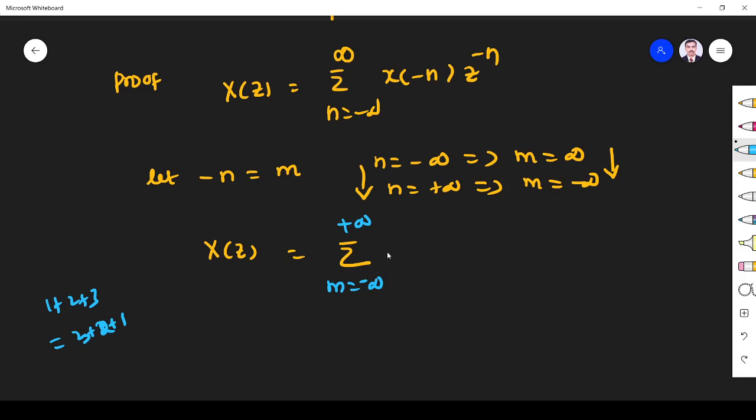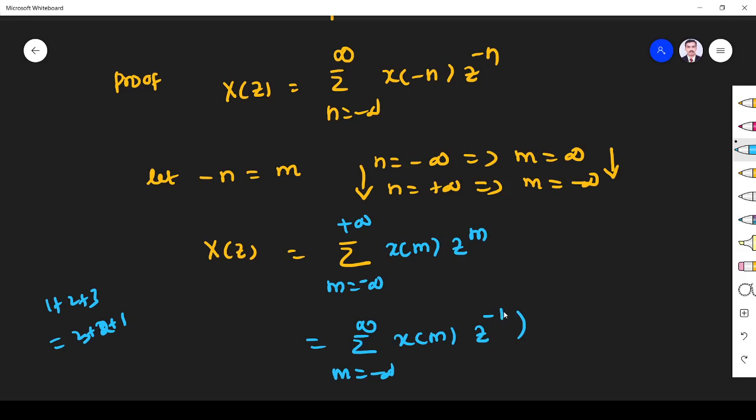I replace minus n with m, so x of m, z power m. Clear enough? Okay, then I change it: the summation m goes to minus infinity to plus infinity of x of m, z power minus 1, sorry, z power minus m.